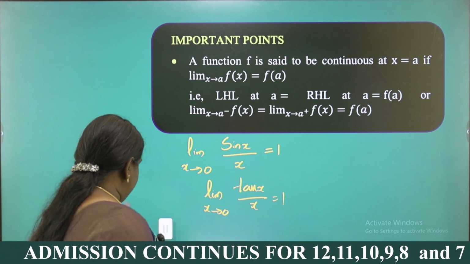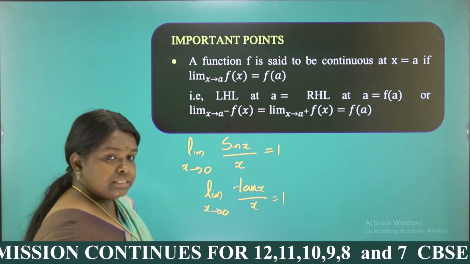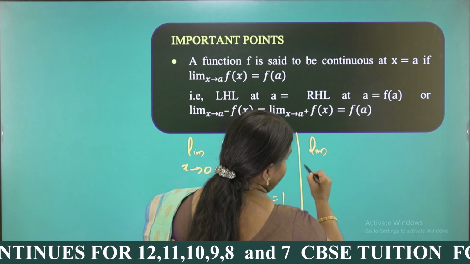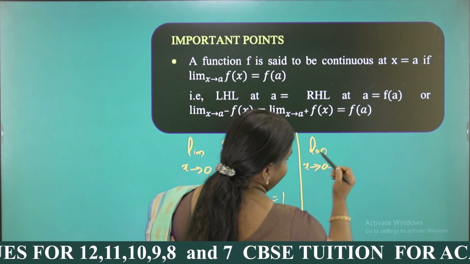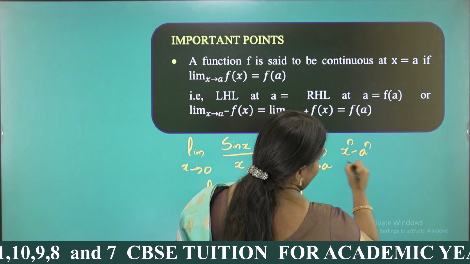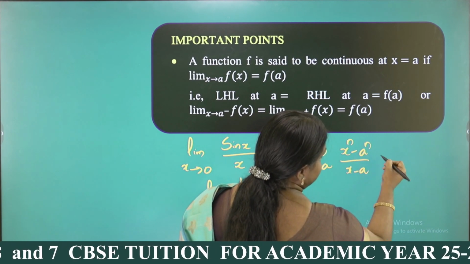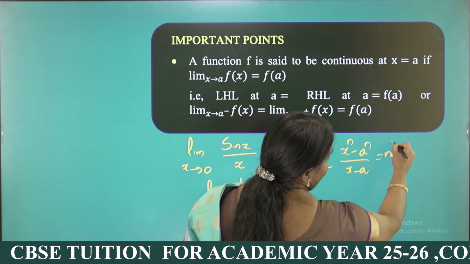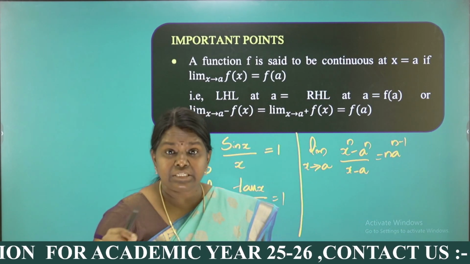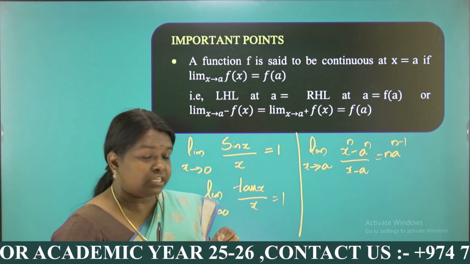And similarly, the algebraic limits. What are the algebraic limits? Limit x tending to a, x raised to n minus a raised to n by x minus a is n into a raised to n minus 1. Here what is to be concentrated on?